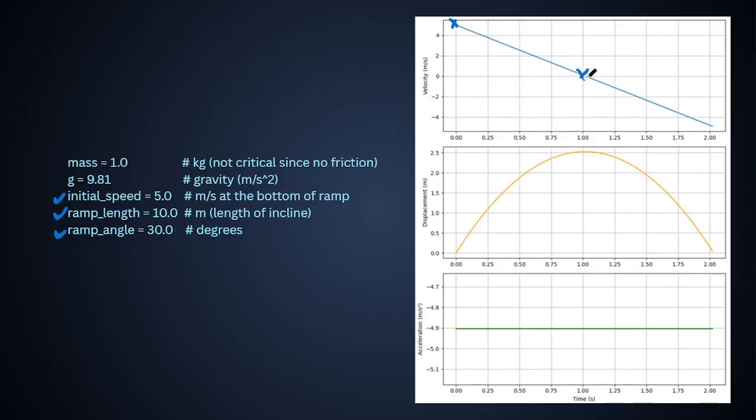And then thereafter it starts to get a negative velocity and keeps speeding up. The velocity increases in this direction, right? So this is a linear velocity time graph. You can see that the ball is slowing down because of gravity.